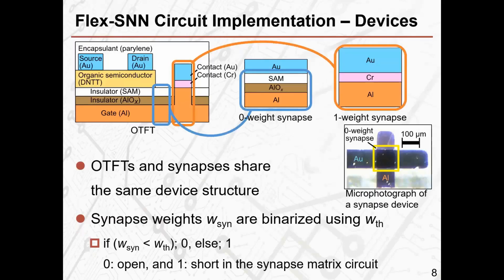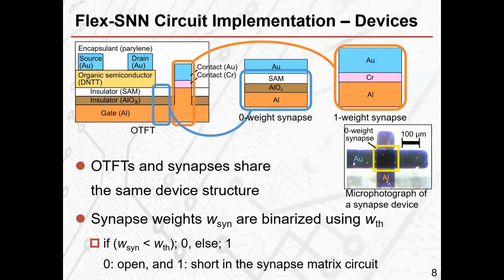And here I show the devices used in the Flex-SNN circuit. The OTFTs and synapses are used in our Flex-SNN. The OTFTs are composed of an Al gate, AlOx plus self-assembled monolayer insulator, an organic semiconductor, and Au source and drain electrodes. And zero-way synapses are composed of AlOx plus self-assembled monolayer and Au stacks. This structure is common to the OTFT's insulator.